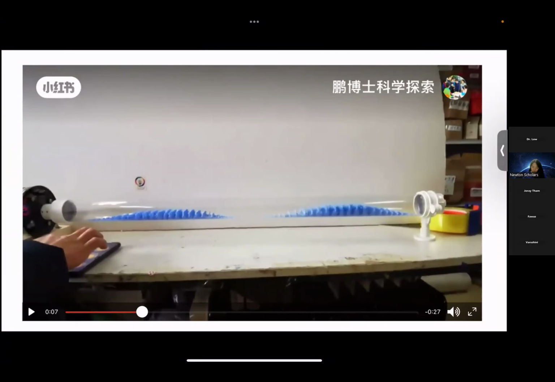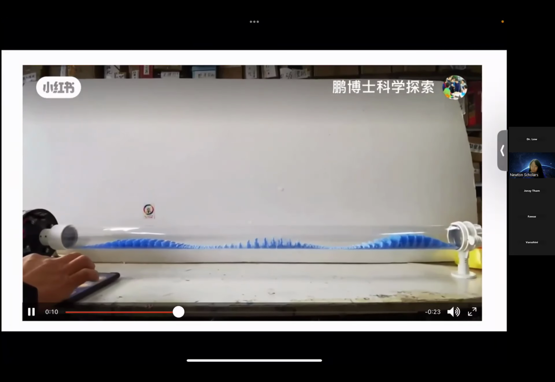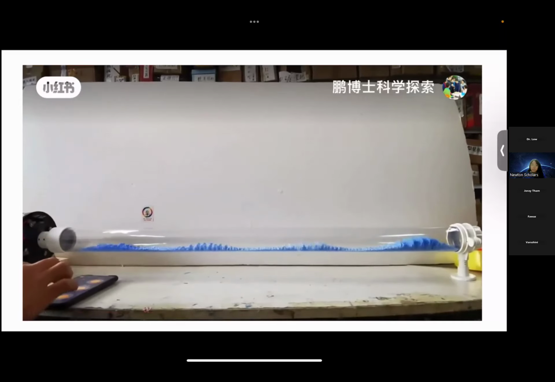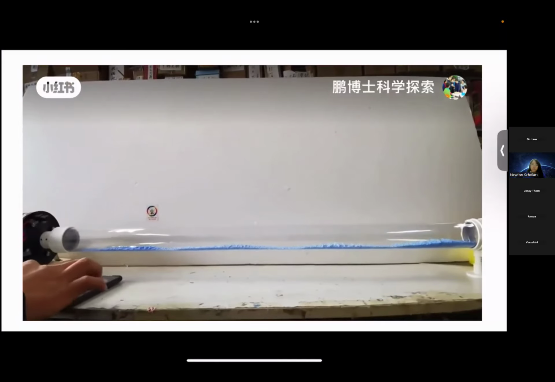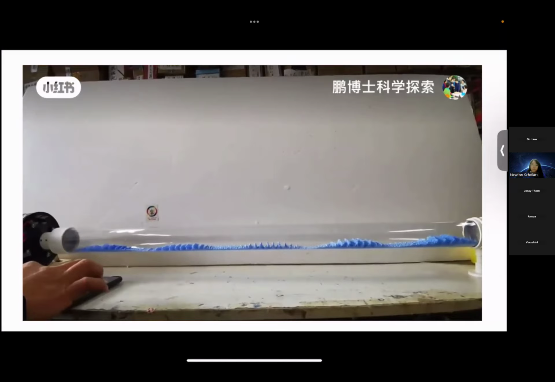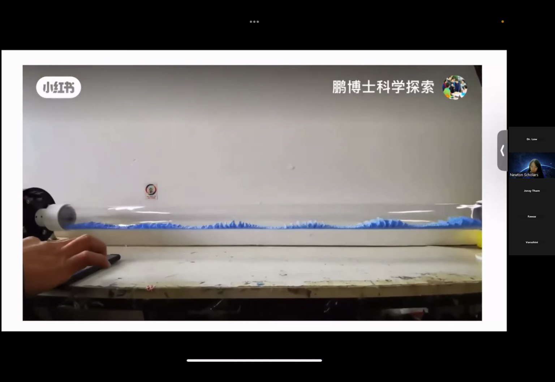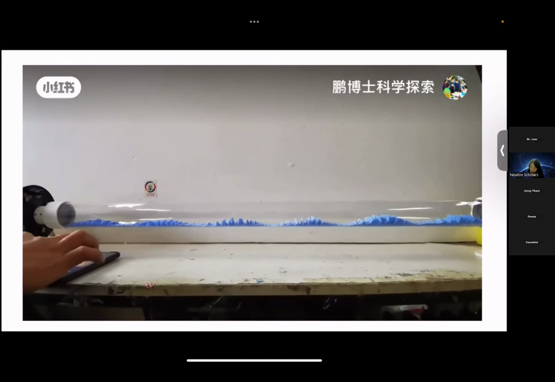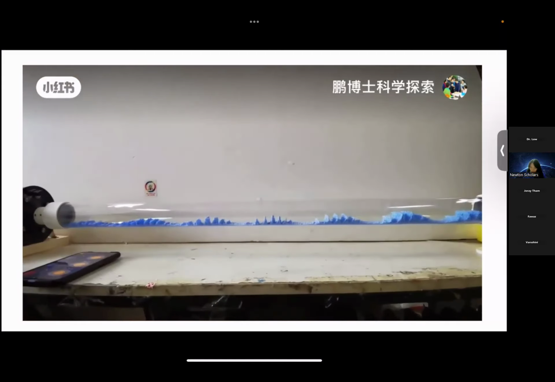They can adjust the frequency and then they get a different pattern. You see? Yeah, something like that.